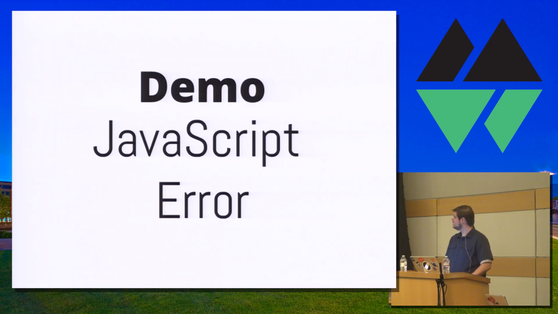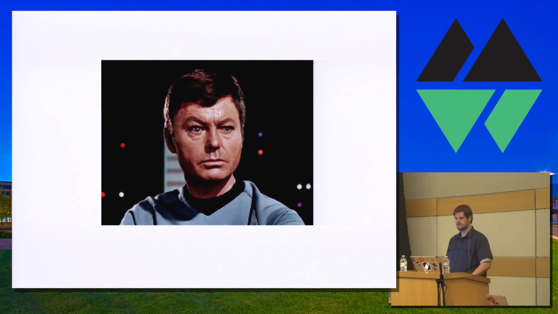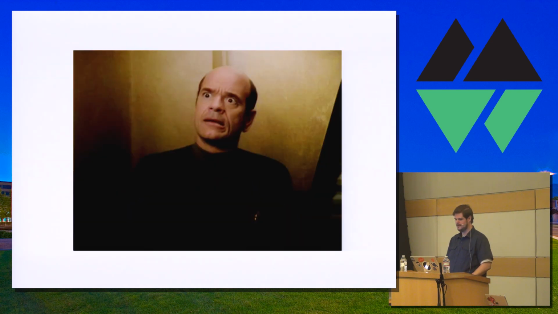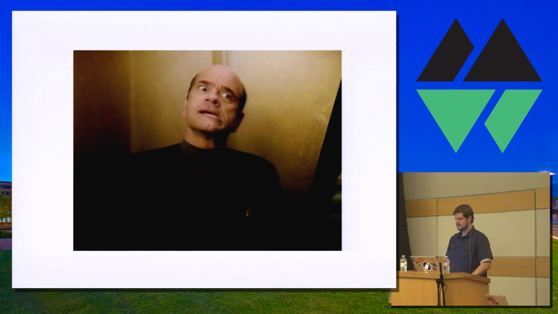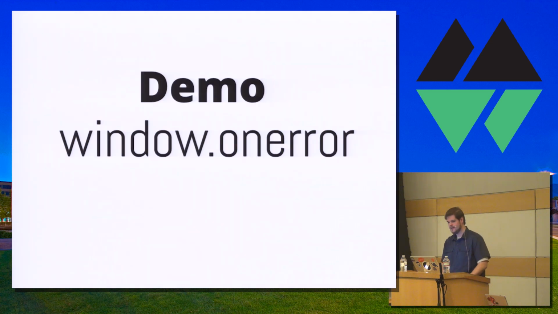So at this point, we might be a little confused. Or we might be a little freaked out. But it's going to get worse. Right along with the instabilities in how browsers chose to implement the error object, there are differences in how they implemented their global error handler.